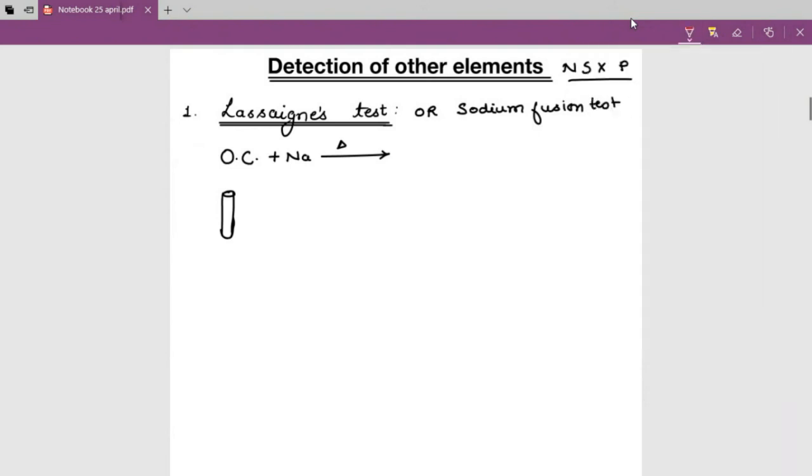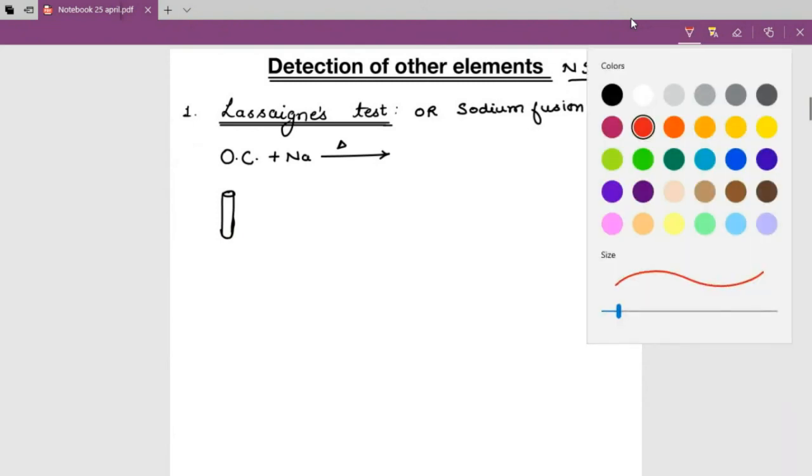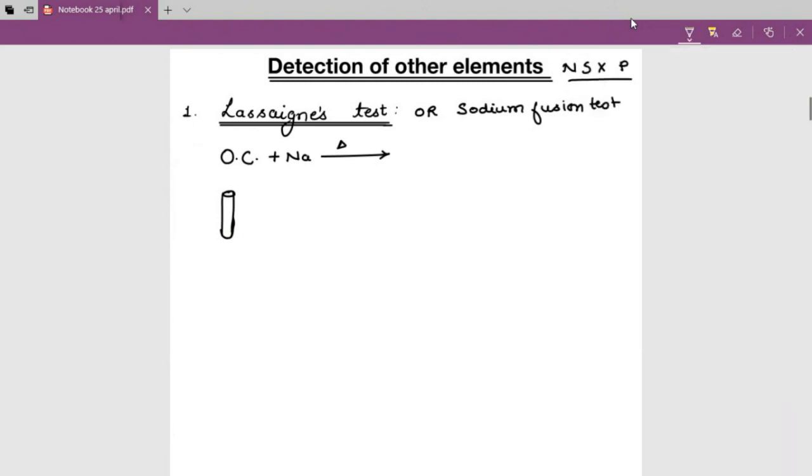Now what we do is we put sodium, but as a precaution, we should first always put organic compound. So let us take organic compound with this gray. We put organic compound, then we put sodium, then again organic compound, then sodium.